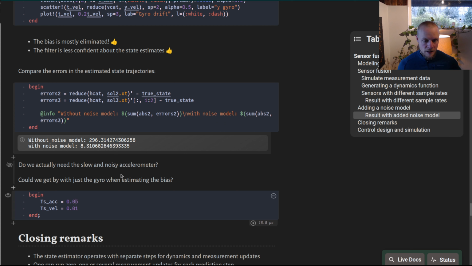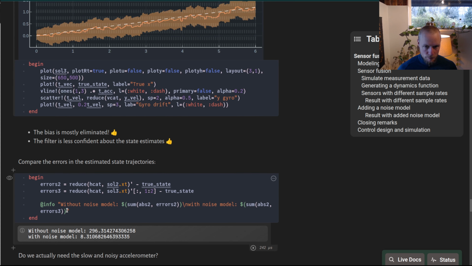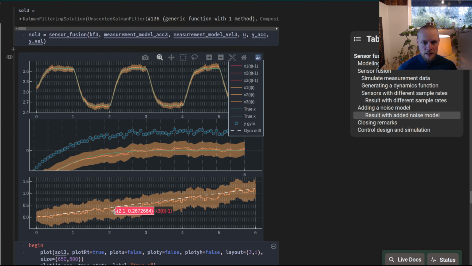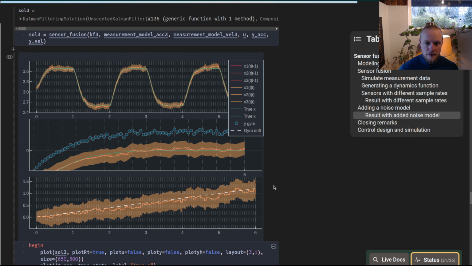If I increase the sample rate of the accelerometer by 10x, so now we only have one acceleration measurement for every 50 gyroscope measurements. If I save that now and we look at the updated plot here, do we still estimate the gyroscope drift as well? We'll see, it takes a while to update the notebook.